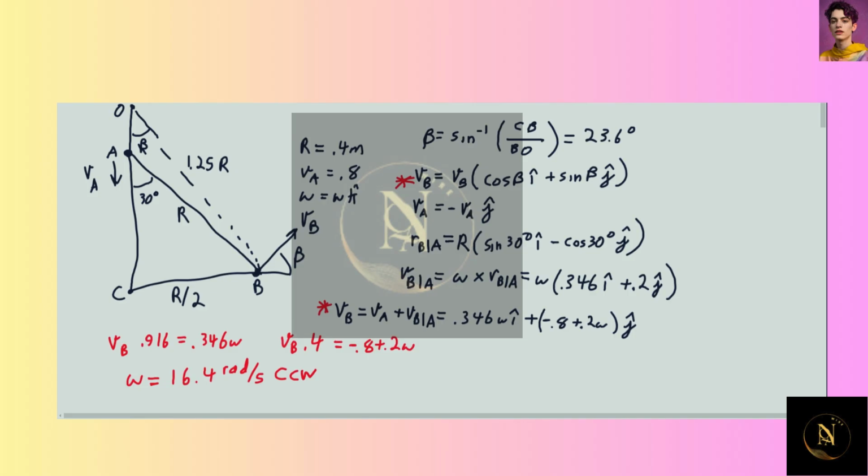We then look at our equation on the left here and realize we can use that to find VB fairly quickly. So VB would be 0.346 divided by 0.916 times omega. And when we put these numbers in, we get about 6.2 meters per second.